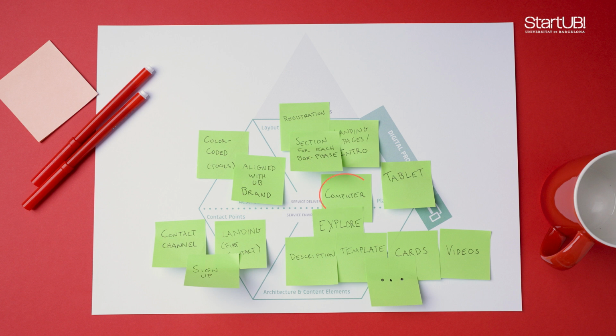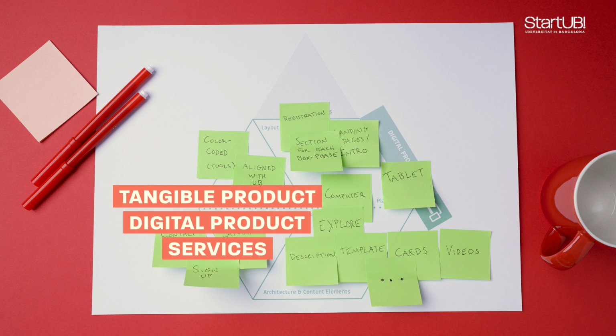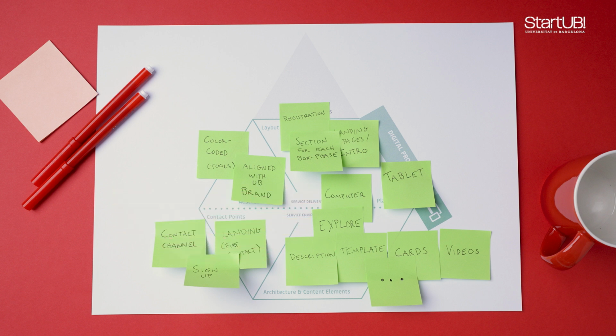It also needs to be available for computer and tablet settings. Regarding the key contact points, we included the contact channel on the website, the landing page, and in the sign-up process. Finally, as an example for each of the phases, content regarding a description of the phase, downloads for the templates and cards, as well as the corresponding videos will be displayed.